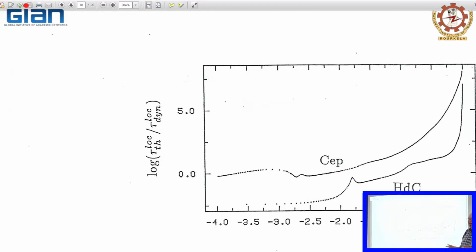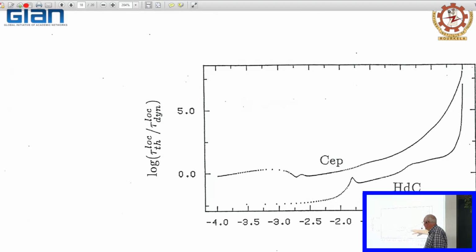So for a Cepheid, a large fraction of the star can be described by adiabatic perturbations, whereas for this hydrogen-deficient carbon star, the domain where the thermal timescale compared to the dynamical timescale is low is much larger. In that case, we cannot expect that adiabatic perturbations are really a good approximation.